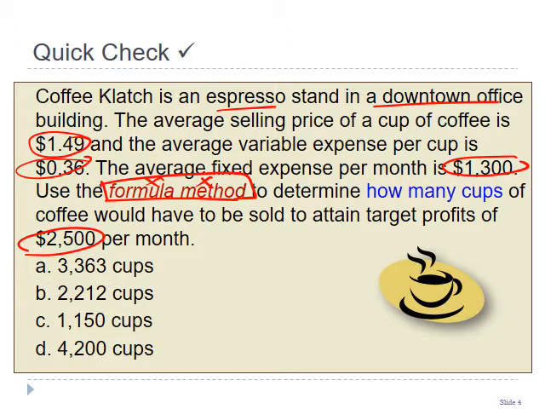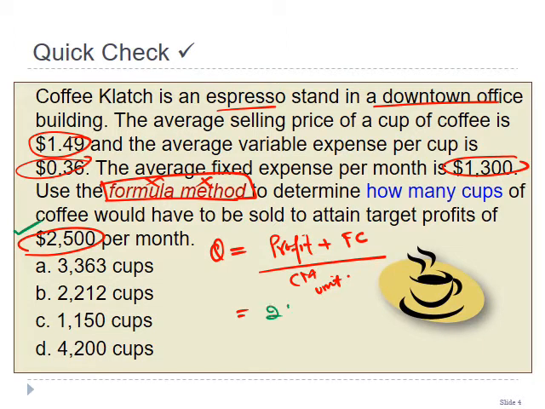So here we know the target profit, so the quantity is equal to profit plus fixed cost divided by CM in units. We know the profit we want is 2,500. What is our fixed cost? 1,300. What is our CM?